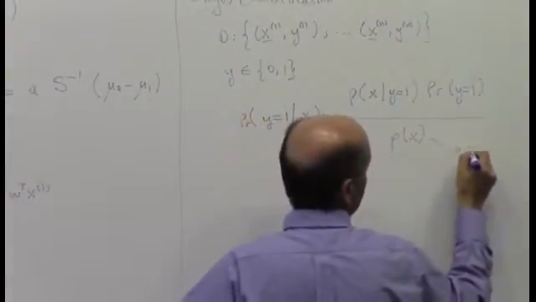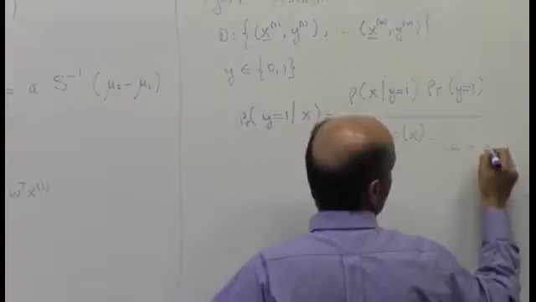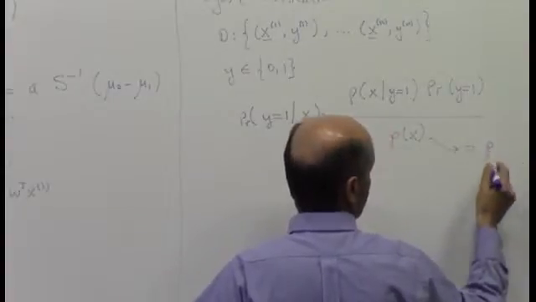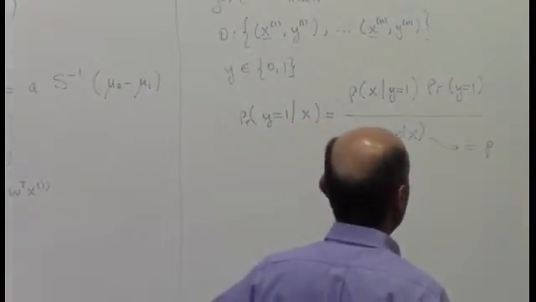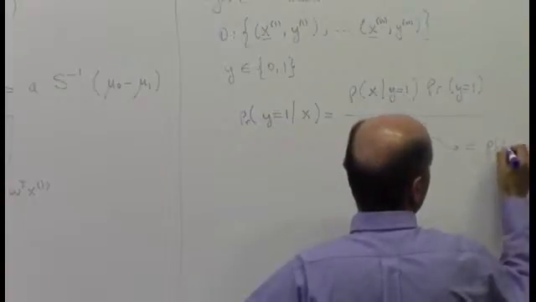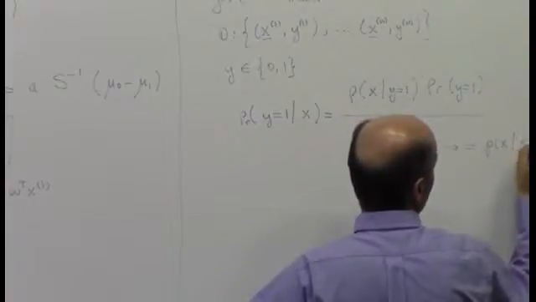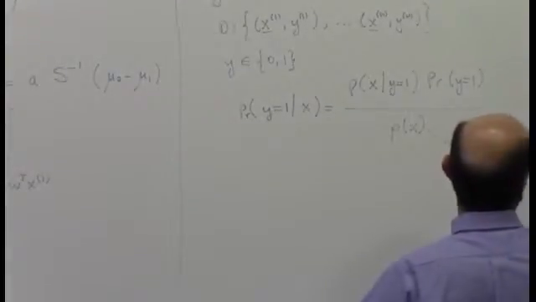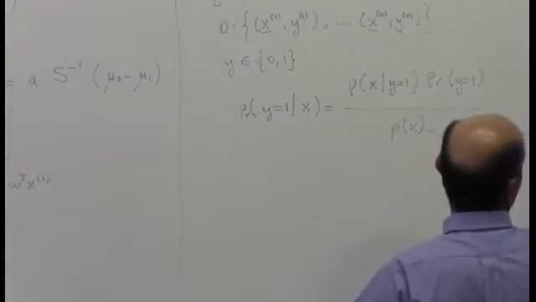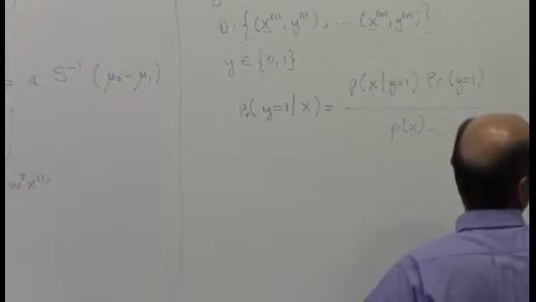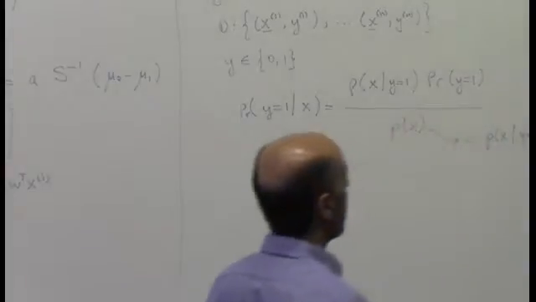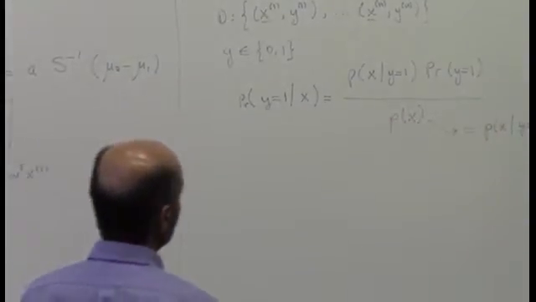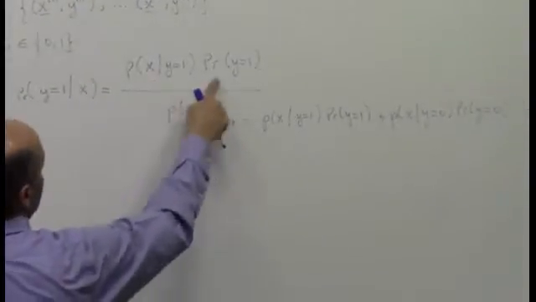And this probability of x is equal to the sum of the probability of x given y equal to 1 times the probability of y equal to 1, plus the probability of x given y equal to 0 times the probability of y equal to 0. So this is the marginal, this is our likelihood, this is our prior.